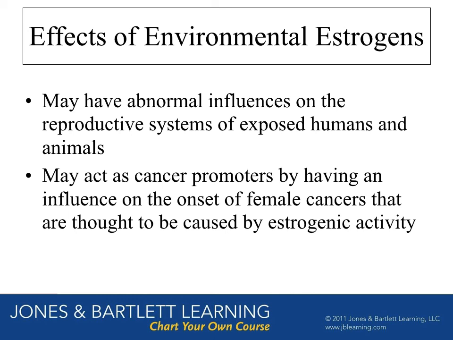They, as stated, can have or appear to have very abnormal influences on the reproductive systems of humans and animals. We can see some of this in some of the sentinel organisms that have been studied, such as certain frog and snail species where sex has been changed, not fully developed, etc., because of the exposure to these things in their environments.